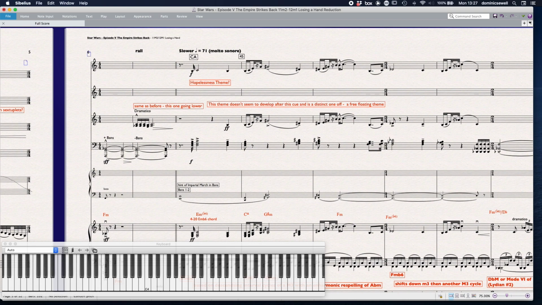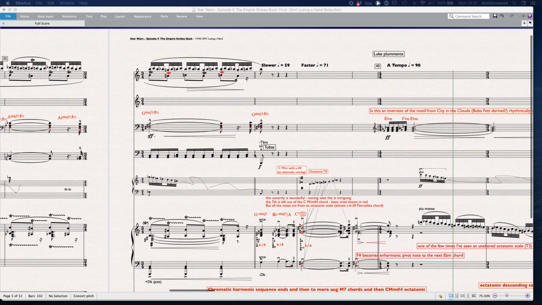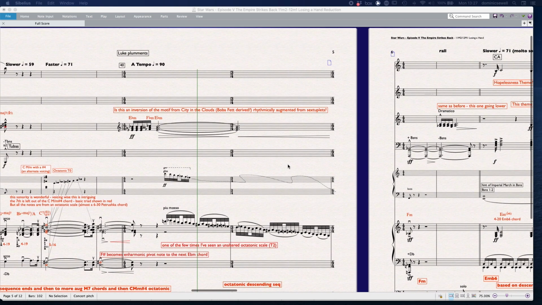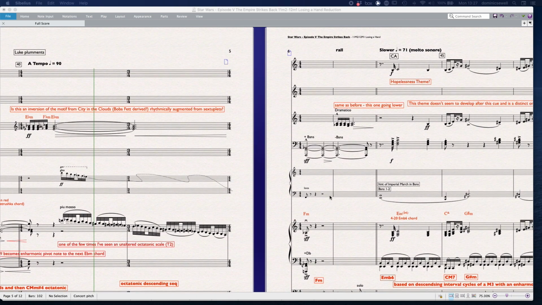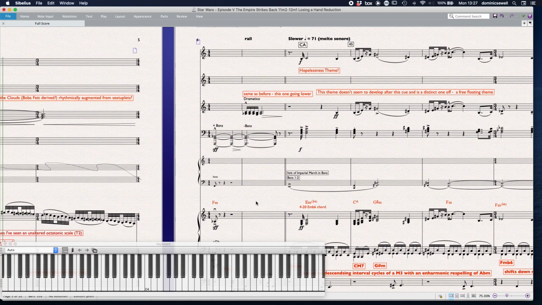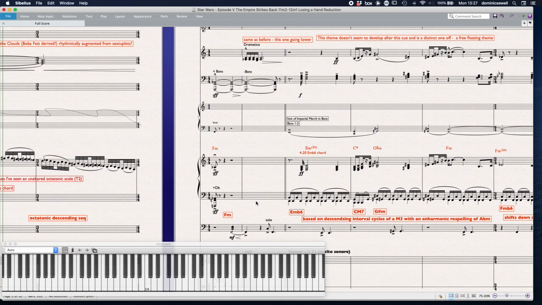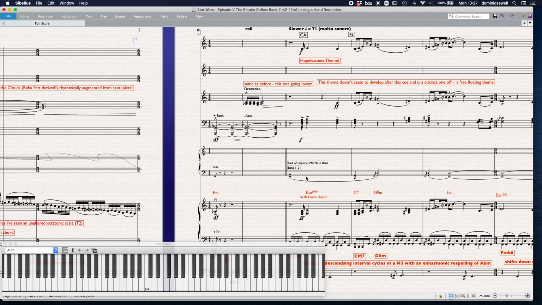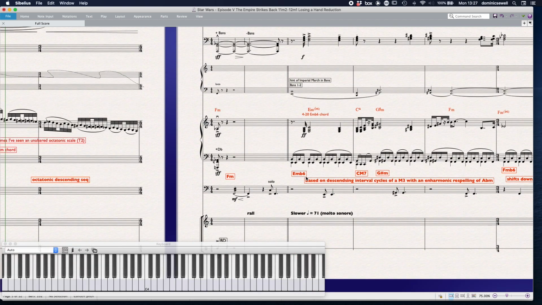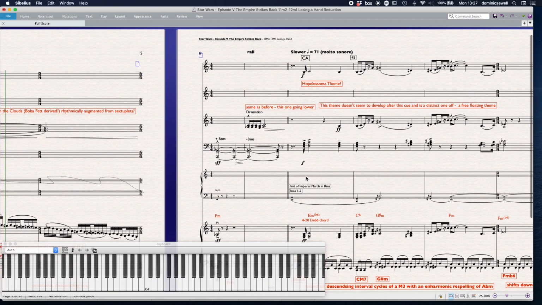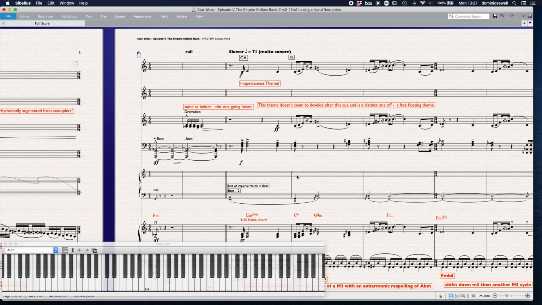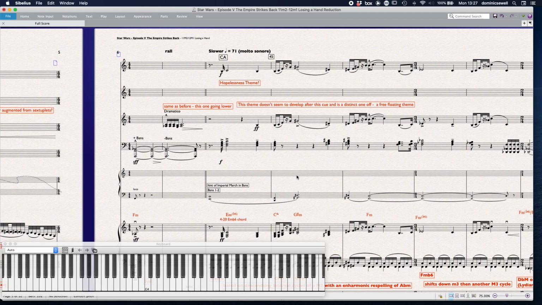So it's quite difficult to describe, really. So, wow. Chunk. So a little semitonal shift. So I'll talk about this in a minute.